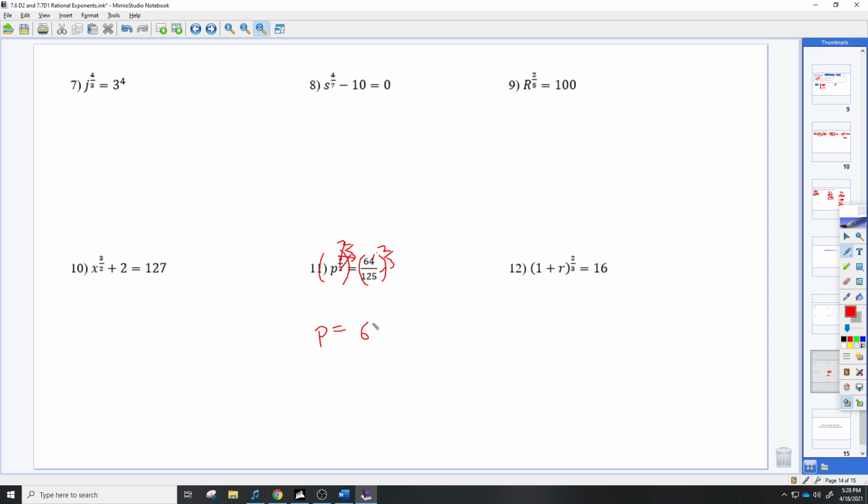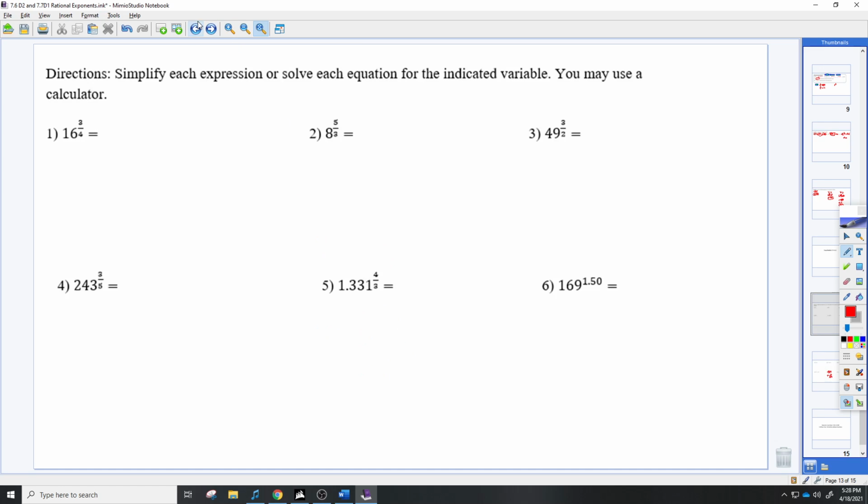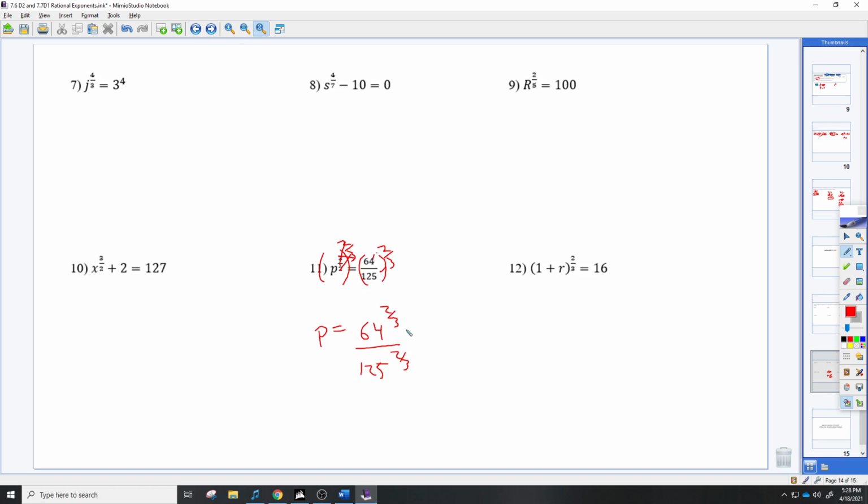So I'd write it like this: 64 to the 2/3 over 125 to the 2/3. It just has to go to both numbers, the numerator and the denominator. And then you can use a chart or calculator. I don't think it particularly says in this one, does it? Now you can use a calculator. But I'm going to use a chart just for more practice.